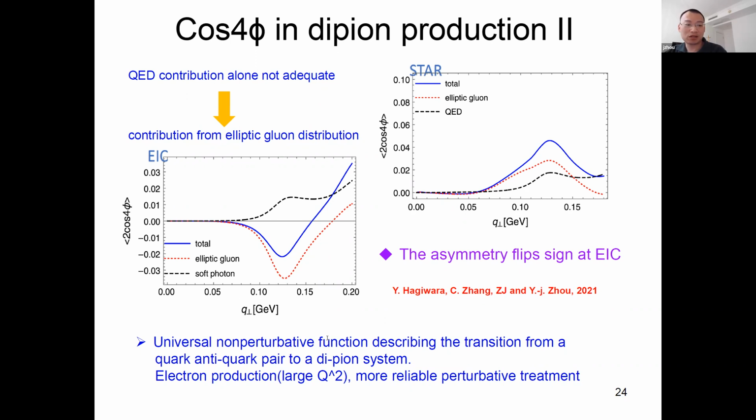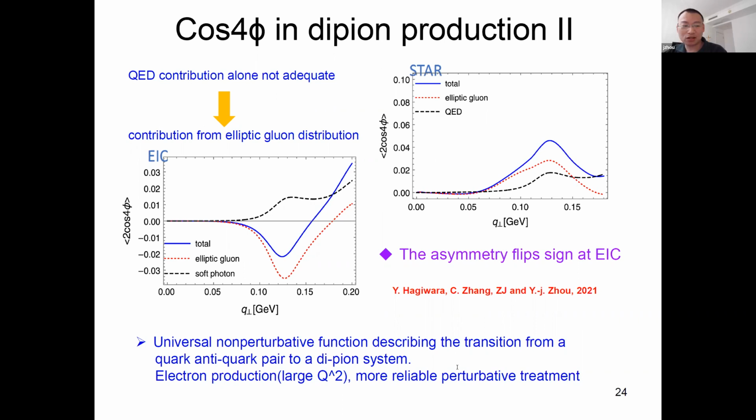Now let me close this part with a final remark. For vector meson photoproduction, actually for ρ0 photoproduction, there is no hard scale. The transition from the quark-antiquark pair to the dipole is completely nonperturbative and described by a so-called generalized distribution amplitude.